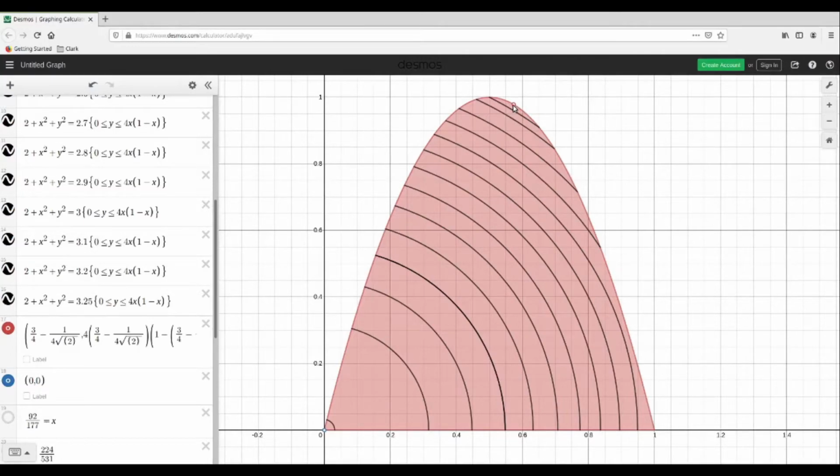The actual value of the maximum you can go through and calculate using the methods from before. So the idea is we want to figure out, using our double integral formula, how to get the total mass contained in this region.